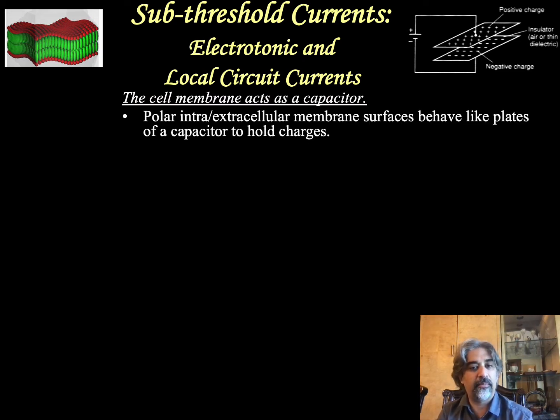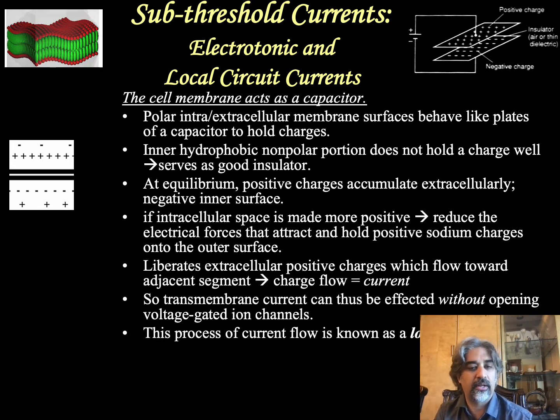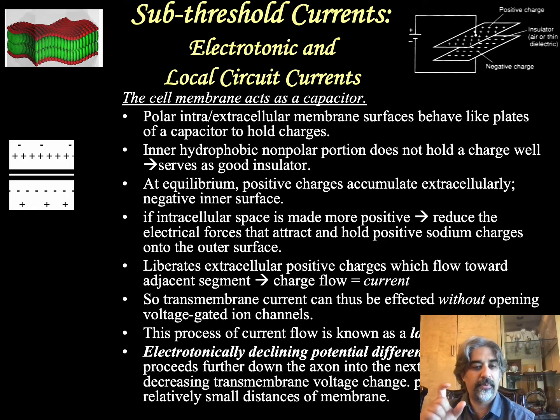And the cell membrane acts as both a resistor and a capacitor. It's a resistor because nothing can get through it. It's a capacitor because you've got these hydrophilic plates, which are the heads on the outside, and then on the inside you have the fatty acid tails, which are the insulator. And so you can similarly develop subthreshold currents being influenced from outside to inside or inside to outside.